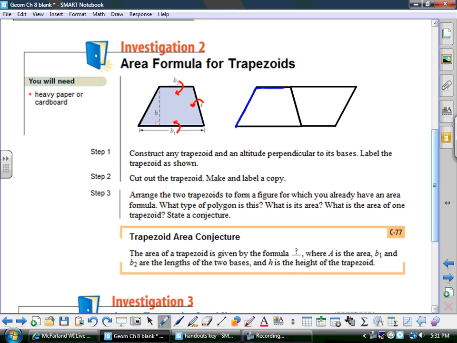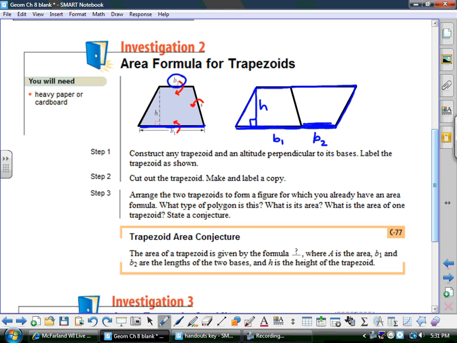Now when I'm figuring out the area of this parallelogram, the area would be base times height. Height is going to be there, but how long is this base? Well, it's the short base from the top, which was b2, plus the long base from the bottom, b1.